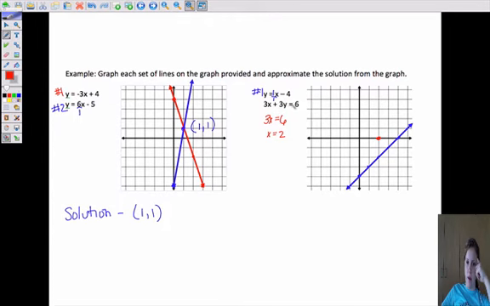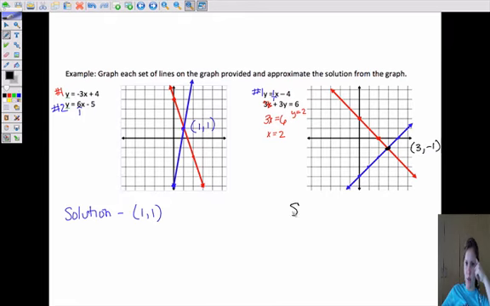And for the other one, when x is 0, 3y is going to equal 6, so y is going to equal 2 as well. So we cross there at 0, 2, and it looks like we have that for our line. And you can see again, we have a nice solution point here at 3, negative 1.